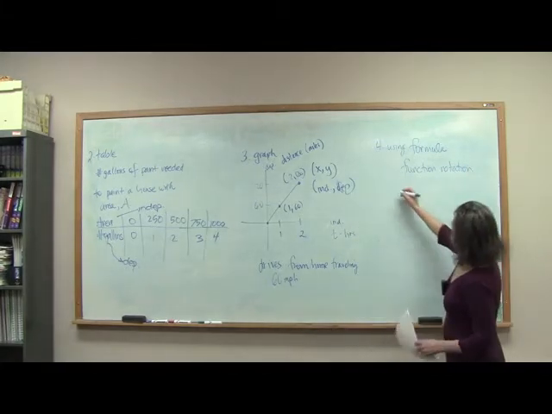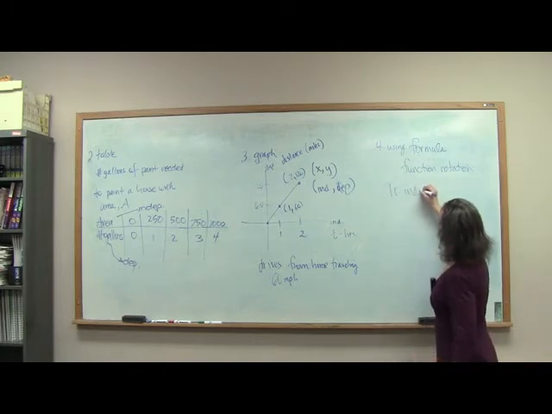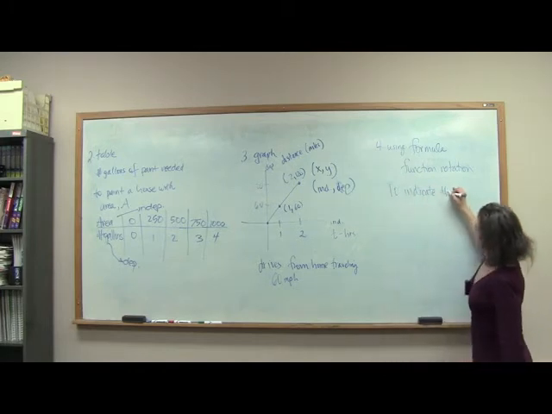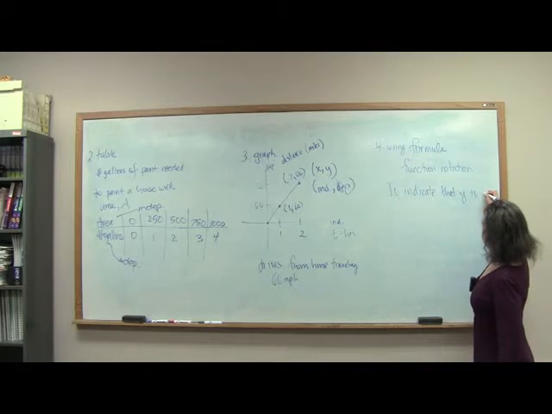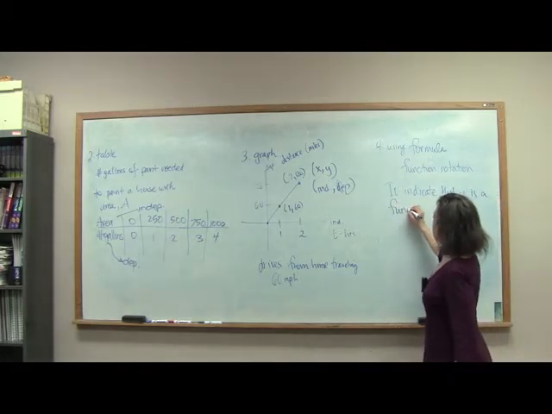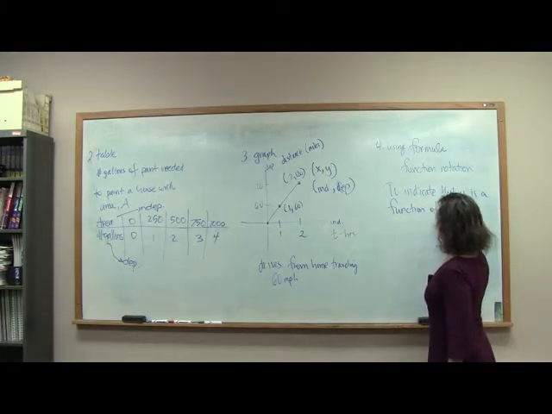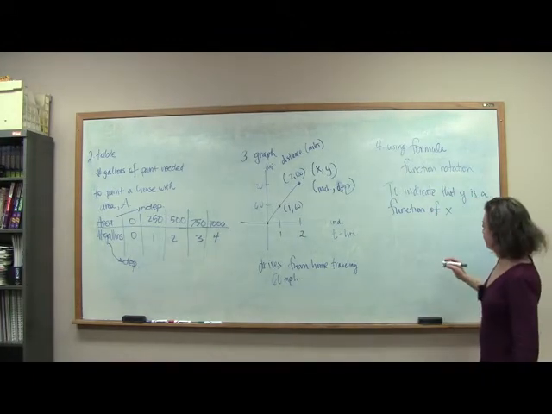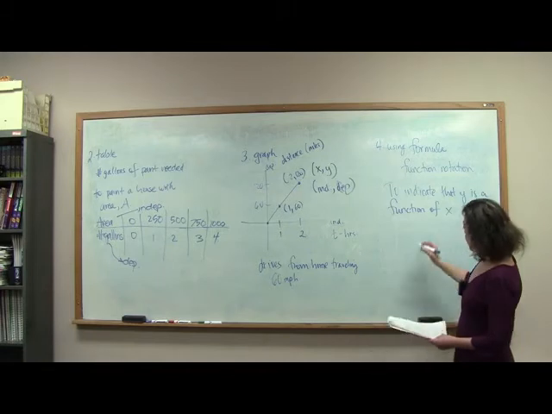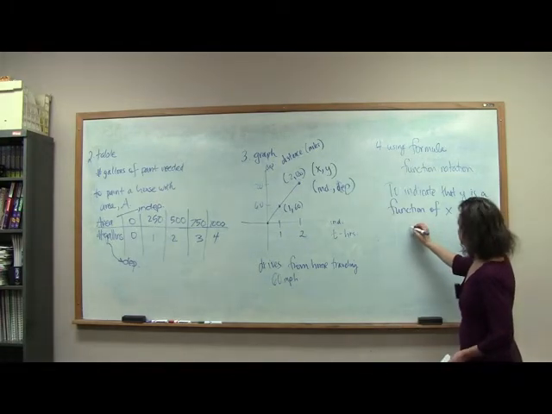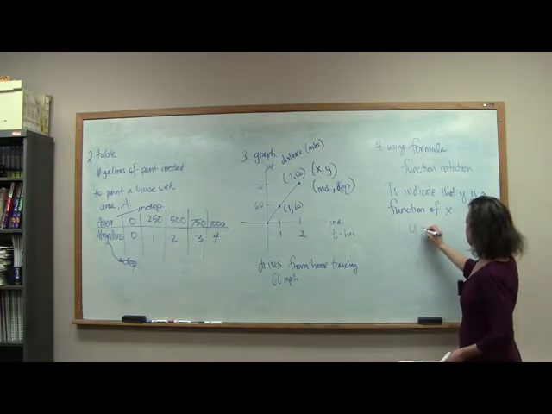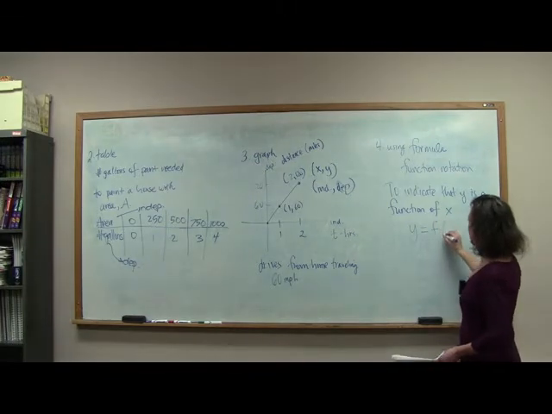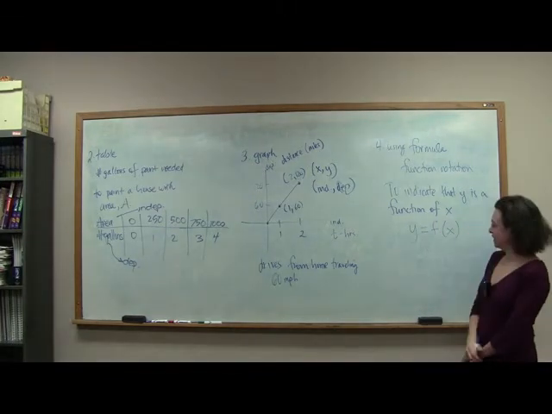So, to indicate that y is a function of x, we can write this in a couple of different ways. Okay? We can write this as y is a function of x.